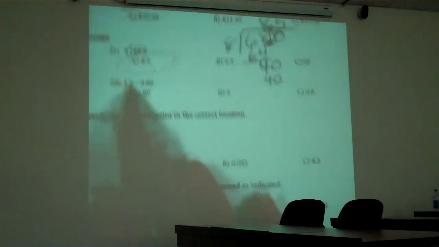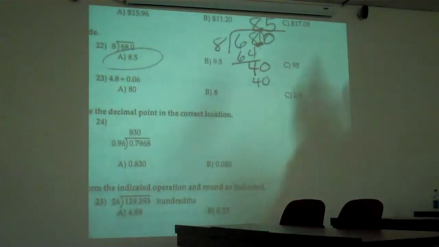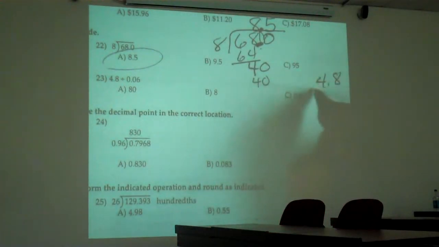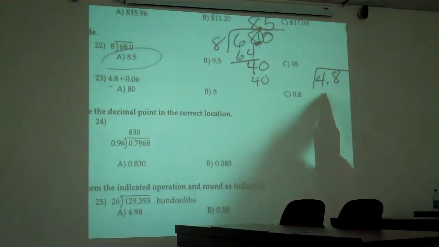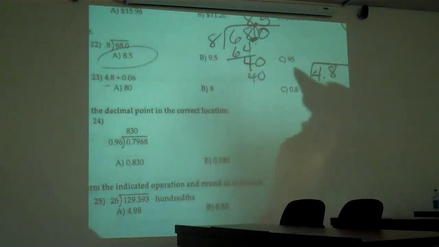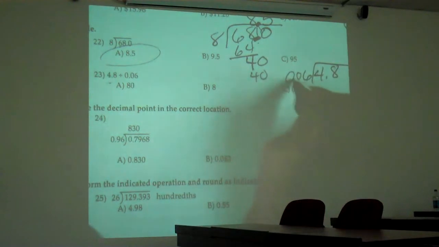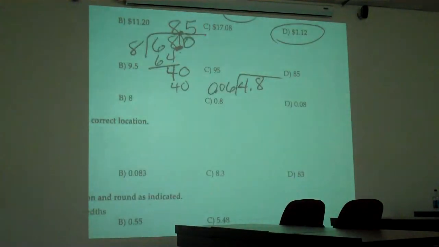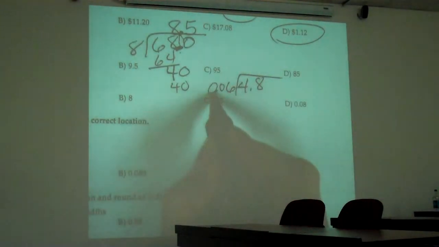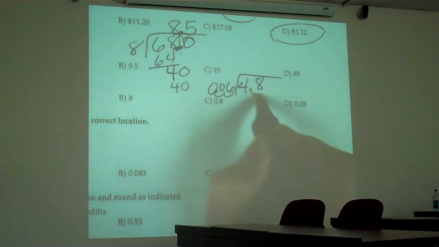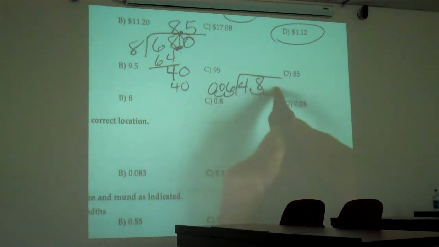Okay, 4.8 divided by 0.06. 4.8, the first number goes under your division sign. 0.06 on the outside. We need to turn that into a whole number. Move it 2 times. Move this one 2 times. Bring it up into your answer.